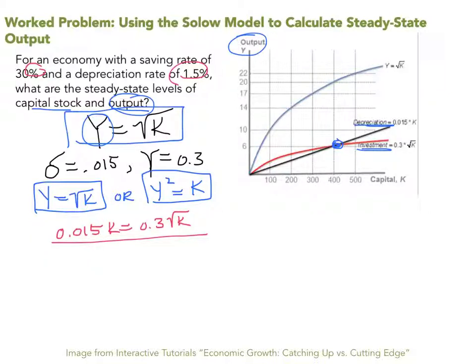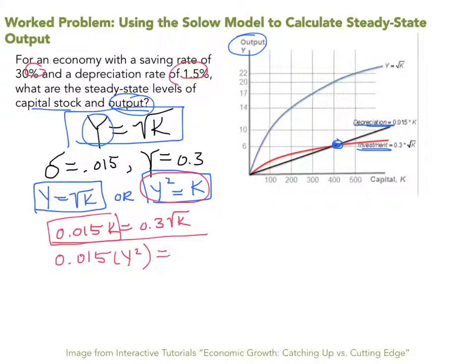Now you'll notice that we could solve for k, which is a little bit messier, or we could substitute what we know y and k are for each other. So let's do that. It's a little bit less messy, but either way works. I'm going to restate this as 0.015 times y squared, since k is y squared.